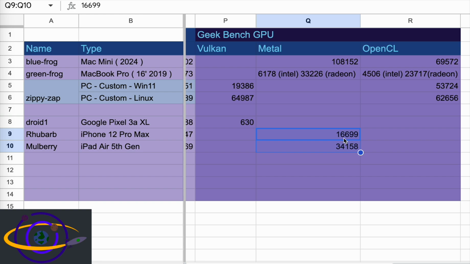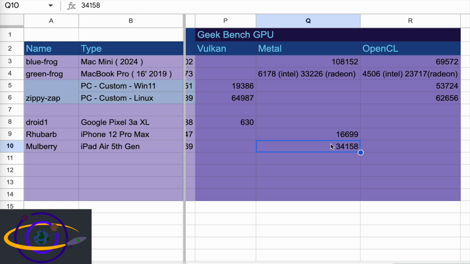That's pretty low. It's lower than the MacBook, lower than the PC, and definitely way lower than the Mac Mini. But given it's a phone, it's still reasonably okay for a phone. But yeah, it's not anywhere near as good as those desktop systems.